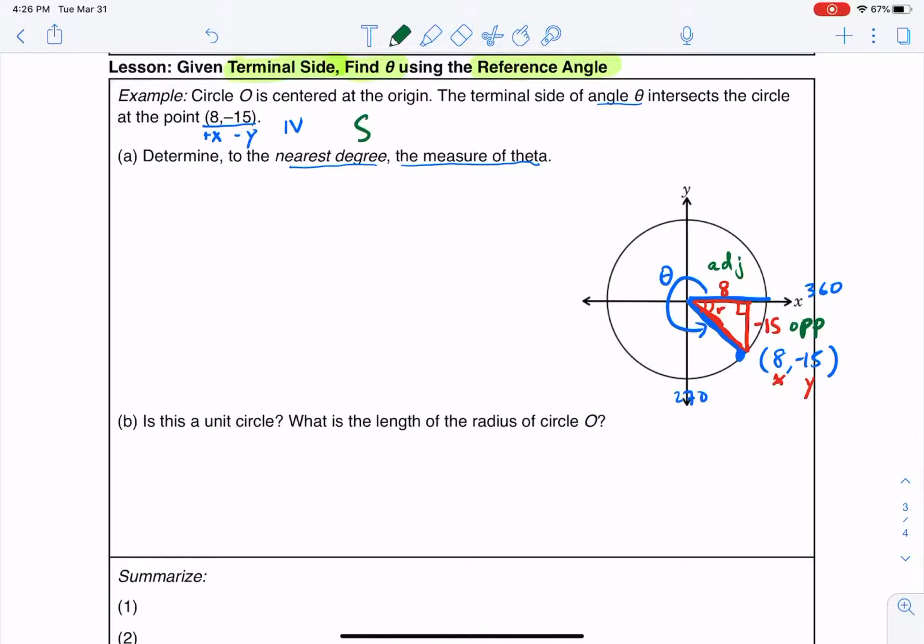So thinking to my 3 ratios, SOH CAH TOA, the ratio that we would want to use to find that angle is going to be tangent, because I'm given information about my adjacent side and my opposite side. We don't know our angle. So my equation is going to look like this. Tangent of theta is equal to -15 over 8.